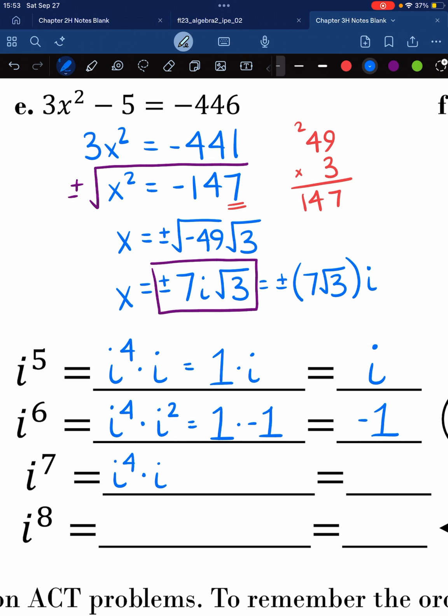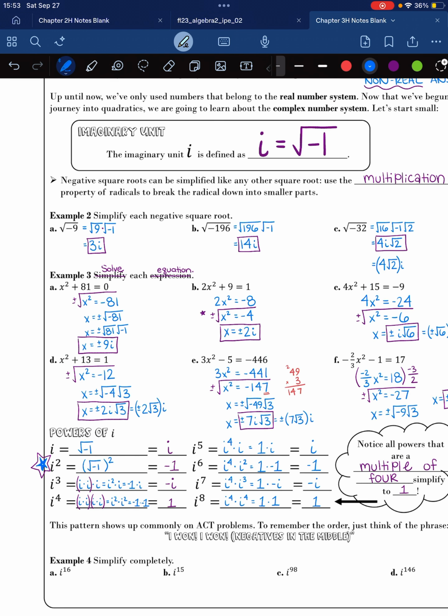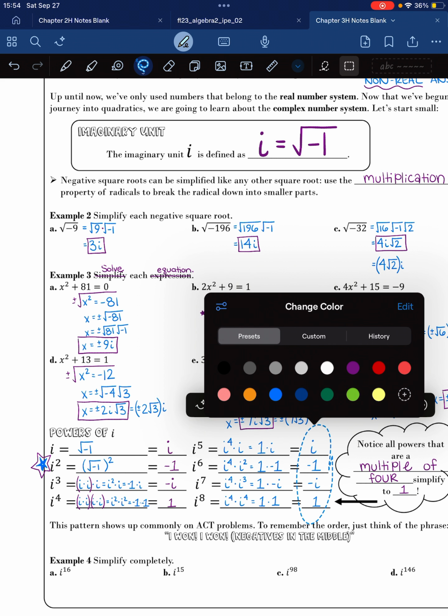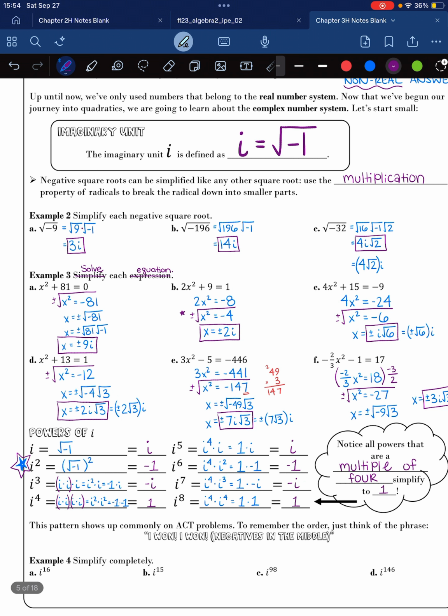And hopefully you see a little pattern starting to form, is that whenever I can create a group of 4, I'm just going to end up with 1 times that power of i that's left over, and it's going to create the same pattern as that first column of i's there. So i to the 8th, we end up with 1 times 1, which again is +1. So notice I cycle through that same pattern every single time.